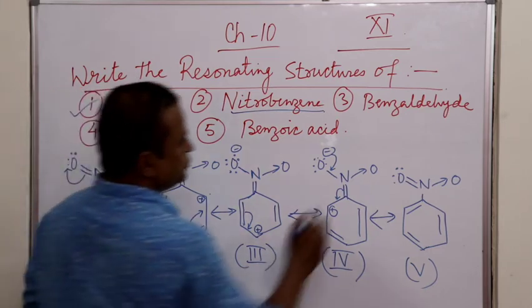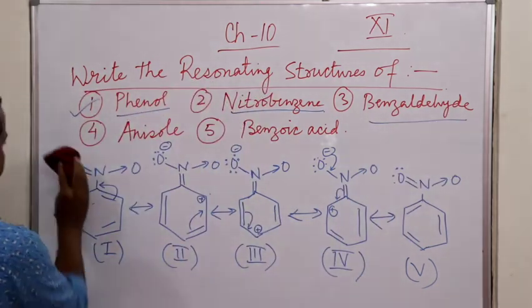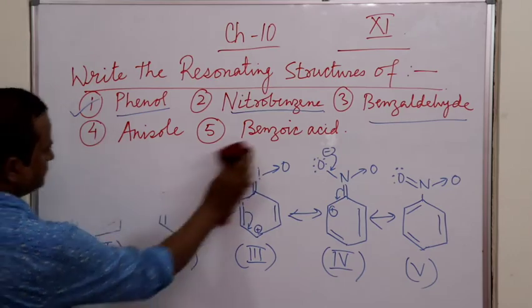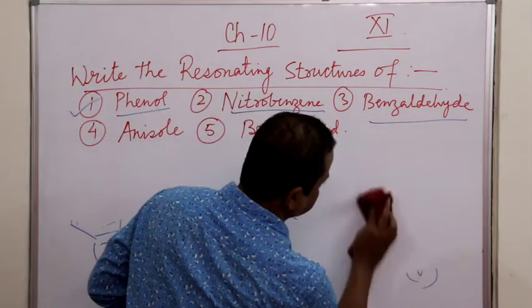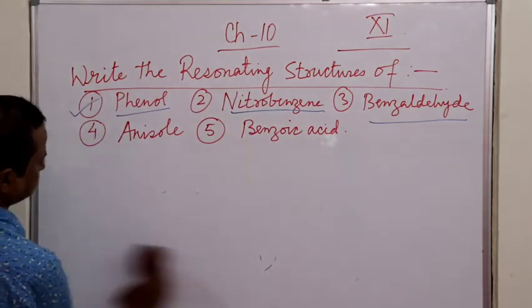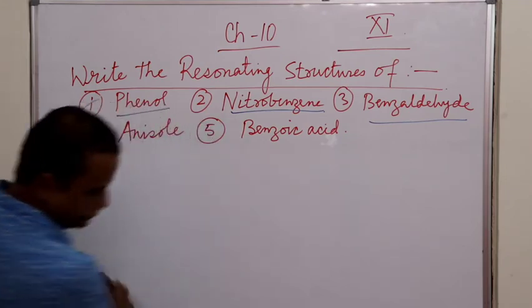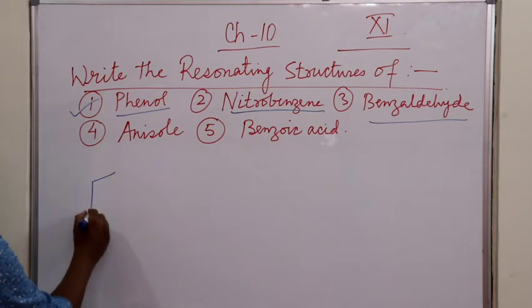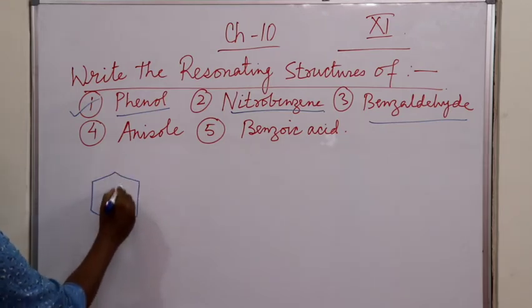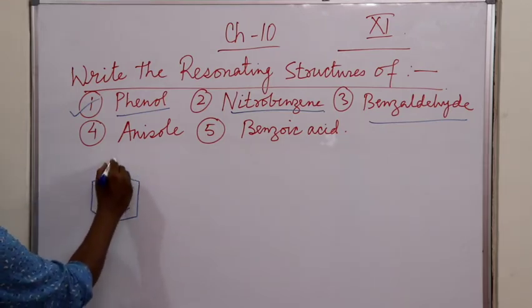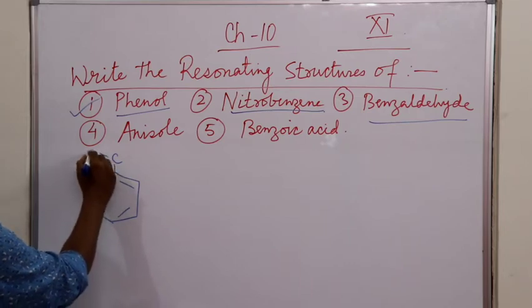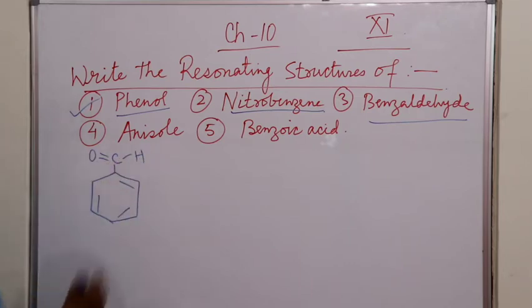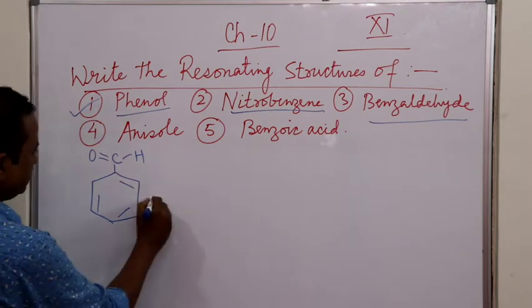Now let's move on to benzaldehyde. Benzaldehyde, this is benzene ring, and on top of it we have C double bond O and H. Okay, so benzaldehyde, this CHO group is also electron withdrawing.